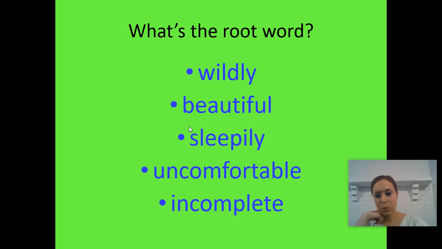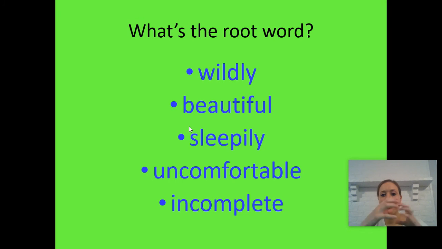So take a look at these words and see if you can figure out what the base word or the root word is. So we have wildly. What do you think the root word is? Beautiful. What do you think that root word is? Sleepily. Uncomfortable. Incomplete.